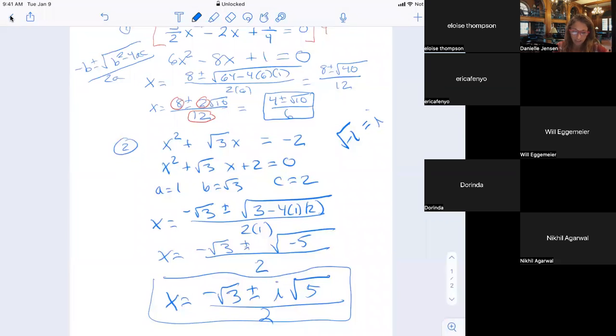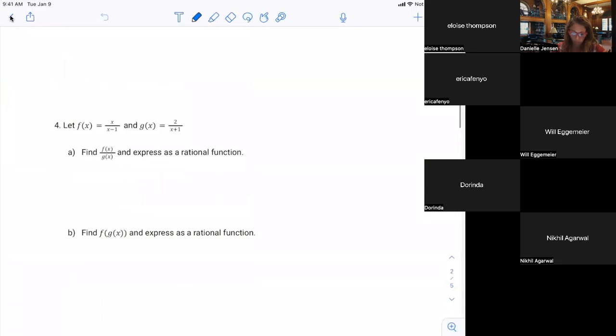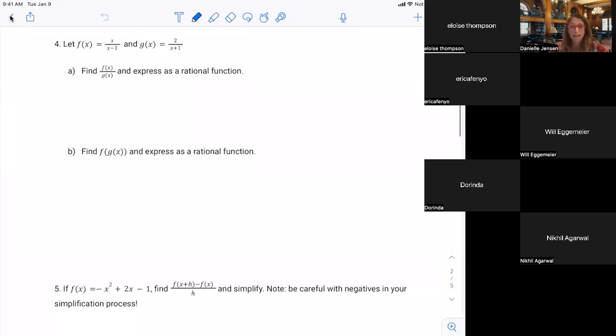Okay, so number 4. That's the other thing that we put on the board on Thursday. Being able to do compositions is important. If we look at 4B, this is saying in the f function, I'm putting the g function, which is 2 over x plus 1.